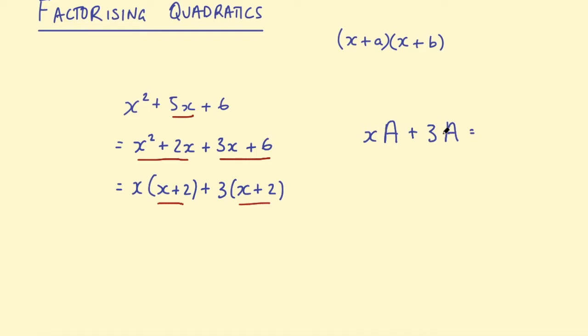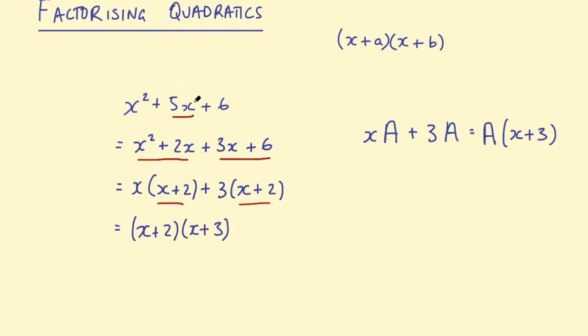Well, the only common factor here is capital A, so this is A bracket x plus 3. But remember, I let those brackets equal the capital A, so if I factorize those brackets out, this is going to be x plus 2 bracket x plus 3.